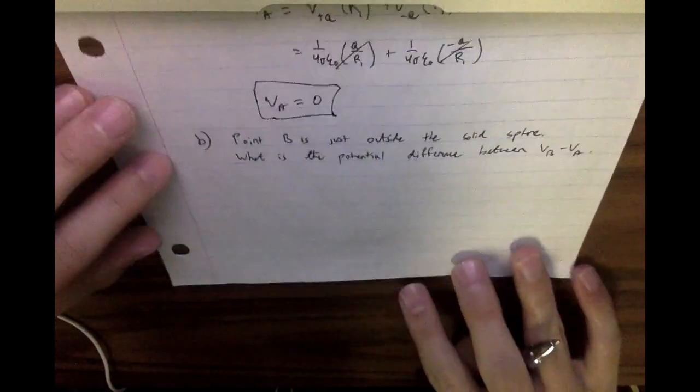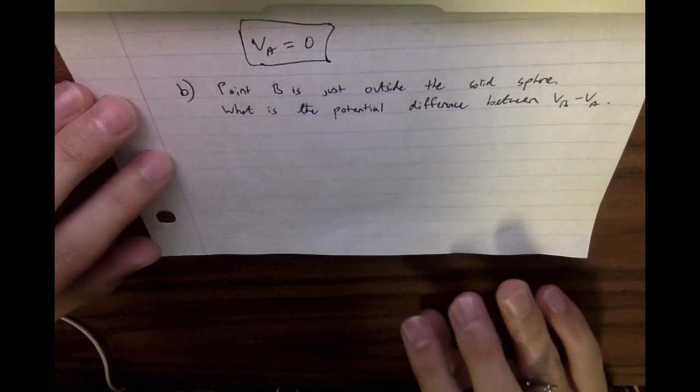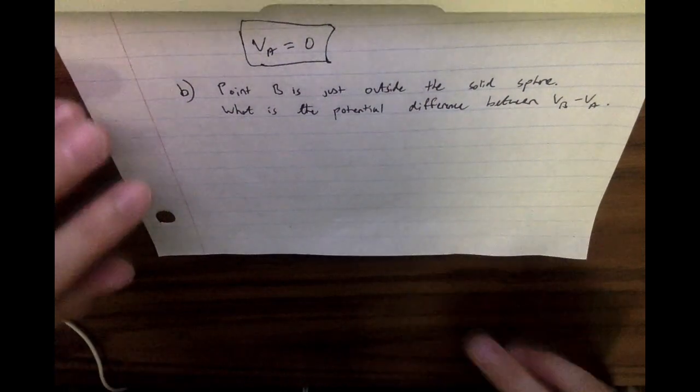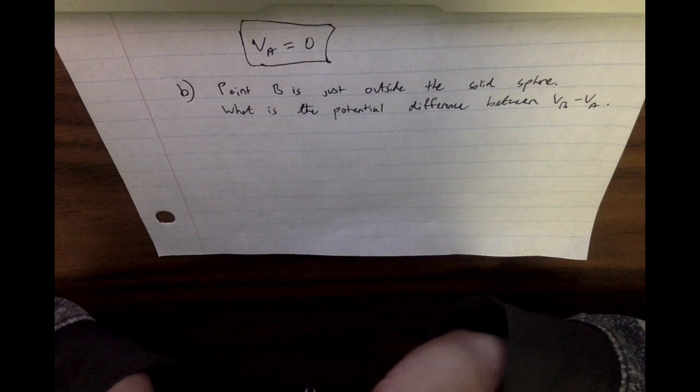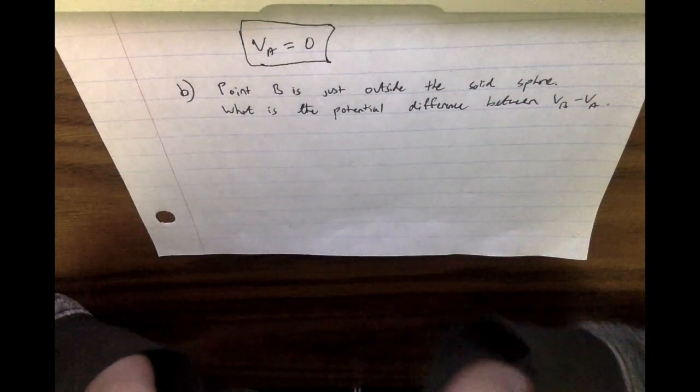So next, part B is asking, point B is just outside the solid sphere, so it's asking what is the potential difference between VB and VA.